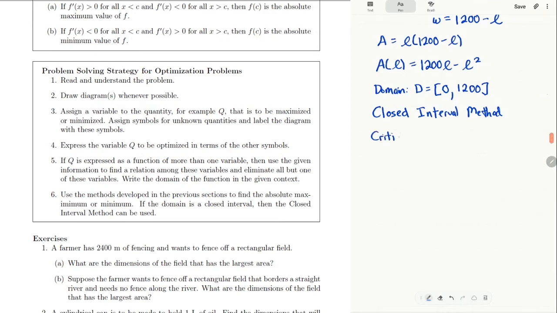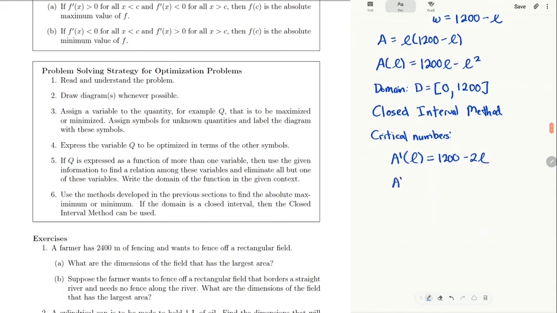So using the closed interval method, the first thing we'll look for are the critical numbers. And to find the critical numbers, we need the first derivative. So A prime is going to be 1200 minus 2L.